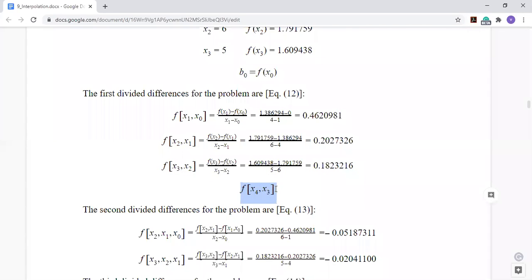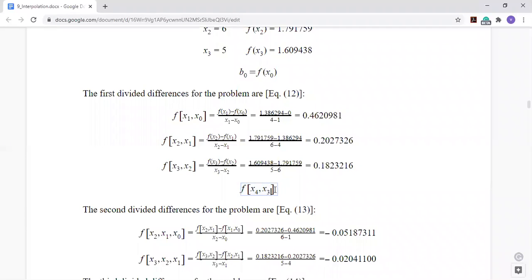we don't know x4. But I want to ask, if we were given x4, what's the formula to calculate f of x4, x3? So in the chat, somebody should type in the formula. For instance, if we wanted to calculate the fourth order polynomial, and for the first divided difference, if we needed this, in this question we don't need this, right?